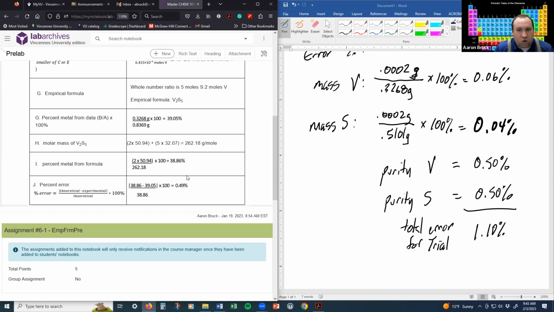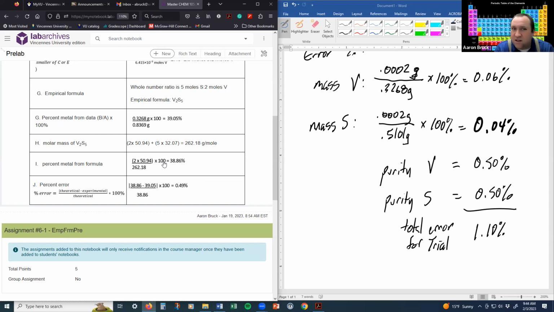If this number is greater, then we have to start looking at the actual data. We need to start looking at, well, did we do everything that we were needed to do? Can we look at this relationship between what we got experimentally versus what we got theoretically from our empirical formula?